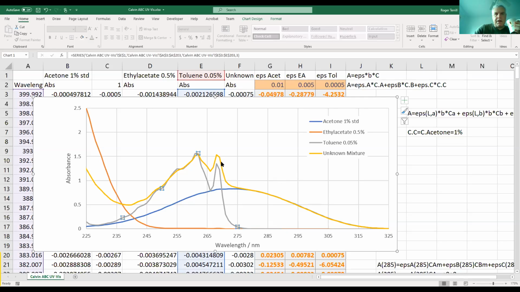Then you have the mixture here, which is the golden line. I'm asking which of these two, or how do you combine this information to get the concentration of toluene in the mixture that produces the golden spectrum?